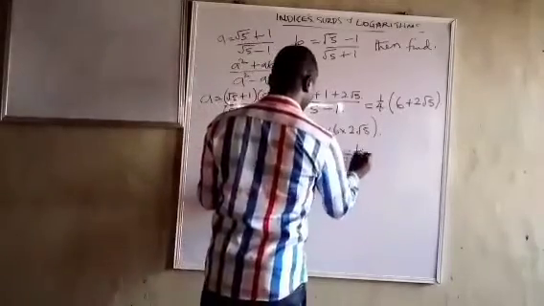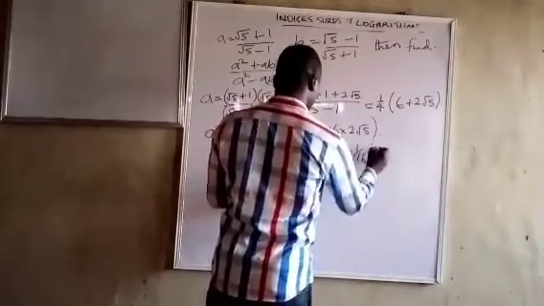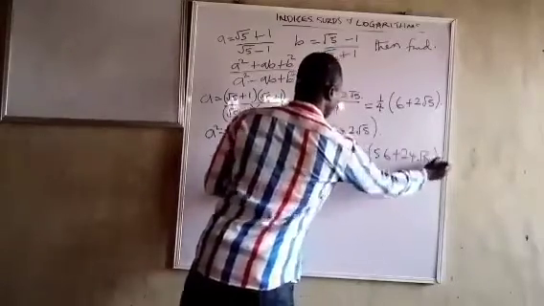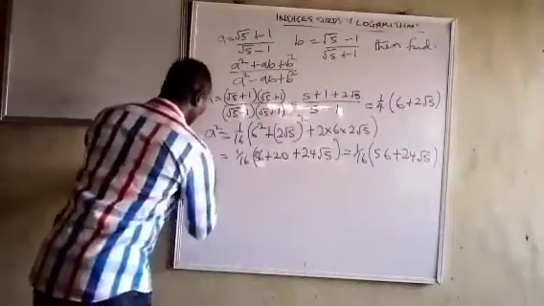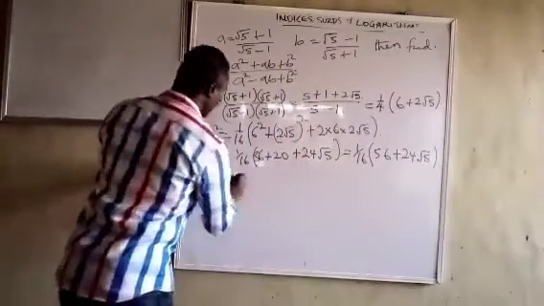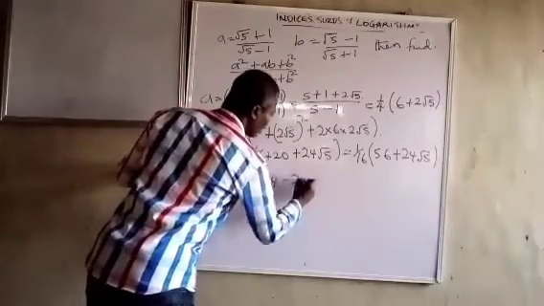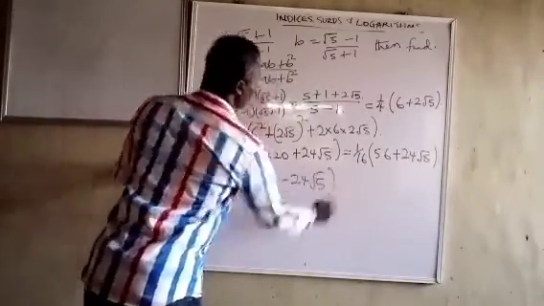And that gives me 1 over 16 into 56 plus 24 root 5. So I can say categorically that b squared, since it is the inverse of a squared, is going to give me 1 over 16 into 56 minus 24 root 5.